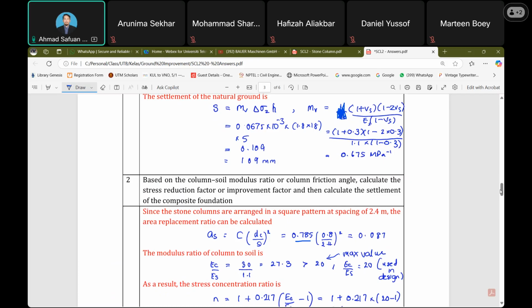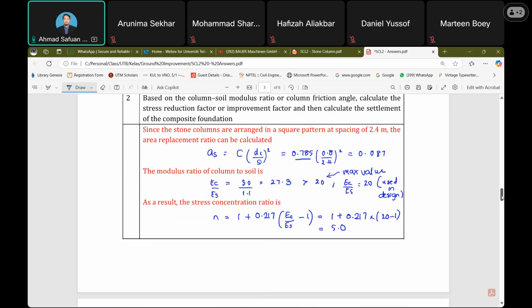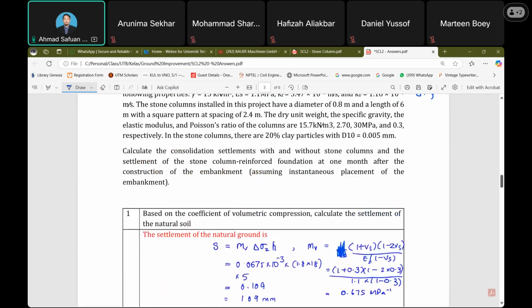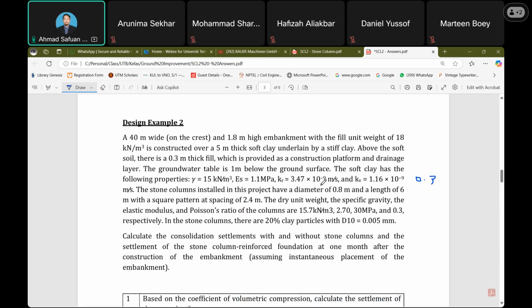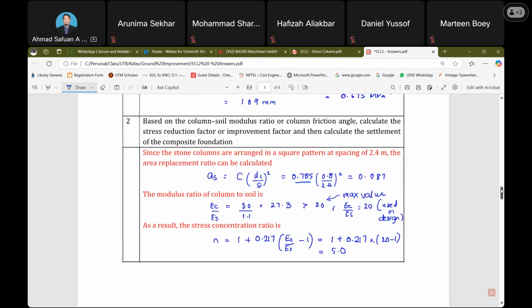Then we obtain AS is 0.087. The modulus ratio of the column to soil is EC over ES, which is 30 megapascal over 1.1 megapascal, which is 27.3. However, the maximum used for design is 20.